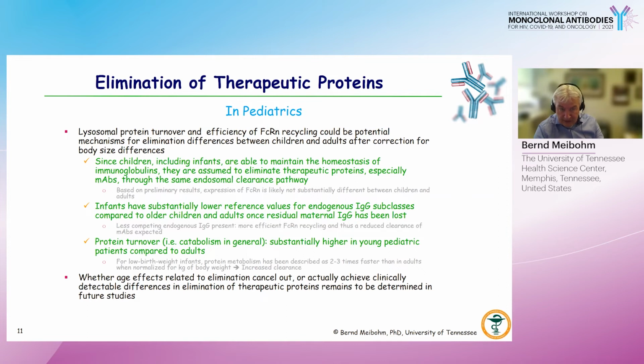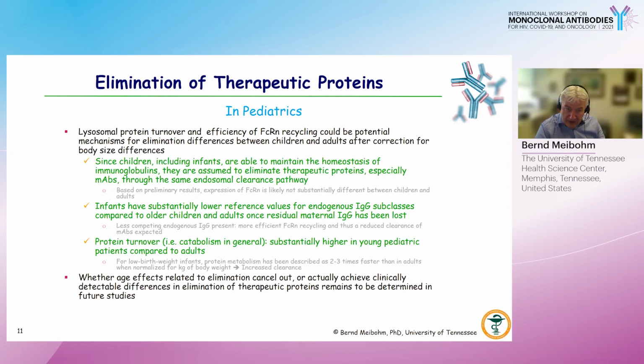Now, since children, including infants, are able to maintain homeostasis of immunoglobulins, they are assumed to eliminate therapeutic proteins, especially monoclonal antibodies, with the same endosomal clearance pathways. And based on preliminary results, expression of FcRn is not substantially different between pediatric patients and adults.